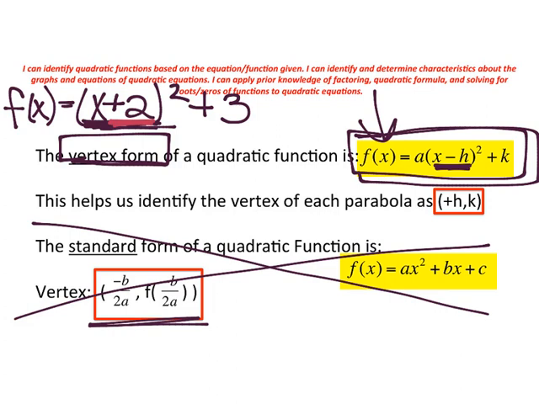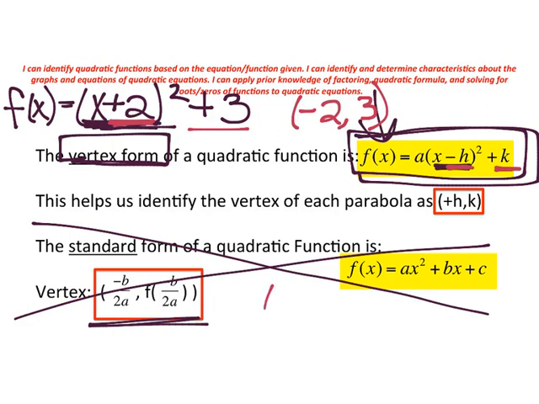The x value of my vertex would be negative 2. And then the k term, just like with our transformations, that just means positive 3 or up 3. Same thing with our vertex. It is the way it is written, just positive 3. And so that is how we find the vertex in vertex form. Whatever is written here, it's the opposite of whatever's there, comma, k.